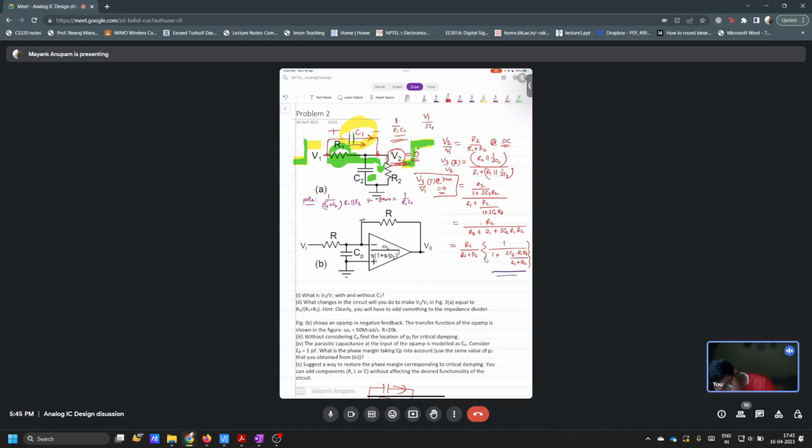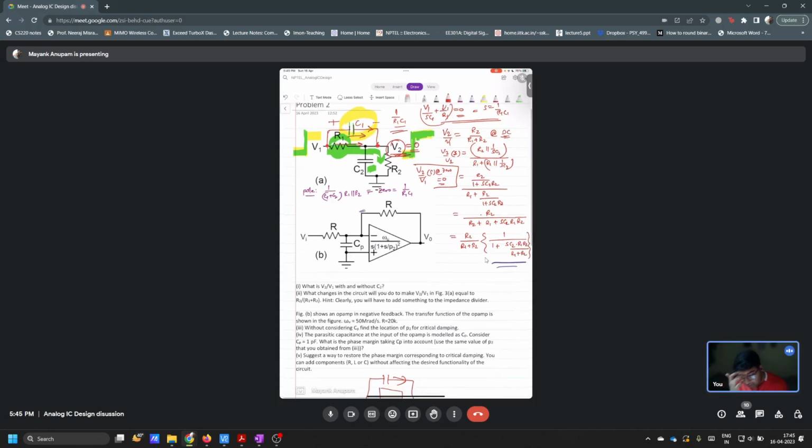And what is the current flowing through R1? It is V1 by R1, right? Now both the currents have to add up to 0, isn't it? When you do this, you will find out that S is equal to minus 1 over R1 C1. Okay, so this is a very neat way.